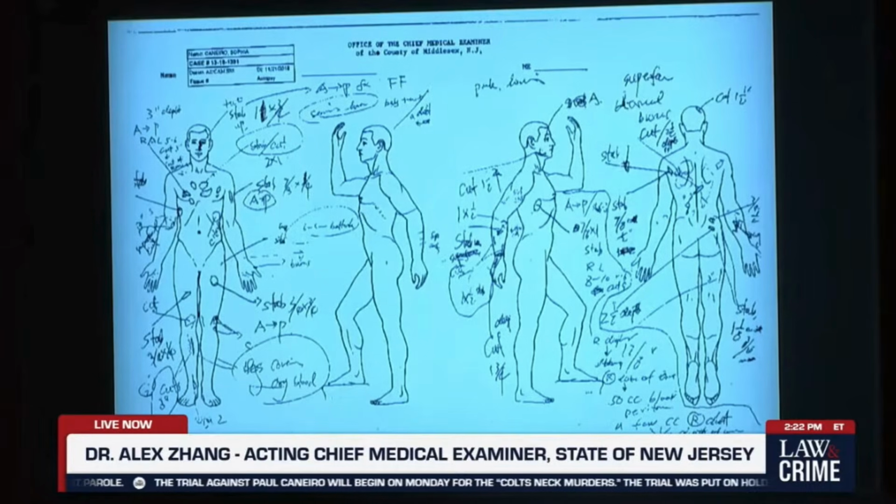As to all the injuries that you have discussed this afternoon, did you document them on a body diagram of Sophia Caneiro? Yes, indeed. Slide 26. You recognize that? Yes. There's clearly shown the label 13-18-1301 with the decedent's name and all the injuries.